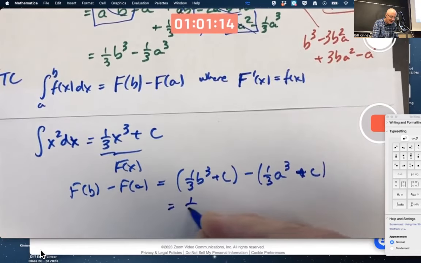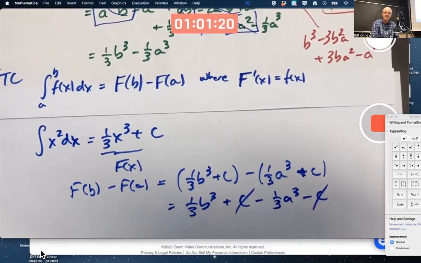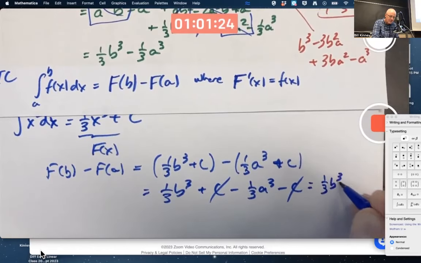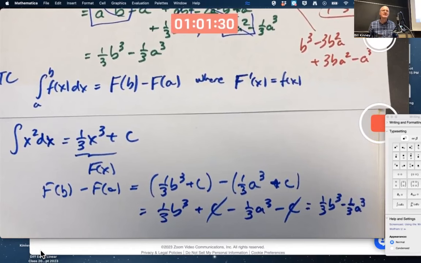Distribute the minus sign through. The c's cancel. We got the same answer, 1/3 b cubed minus 1/3 a cubed, using the fundamental theorem of calculus. No limits necessary. Wow.